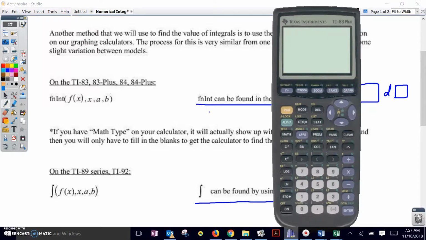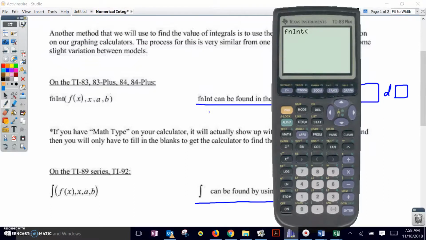But in essence, all we're going to do is go to the math menu, and all the way down at the bottom in the math menu you see the fn-int command. If I hit enter on my calculator, that'll bring that out to the main screen. Like I said, for those of you who have math type on your calculator, when you hit that, it'll bring out the actual mathematical notation, and then you can just fill in the blanks from there.